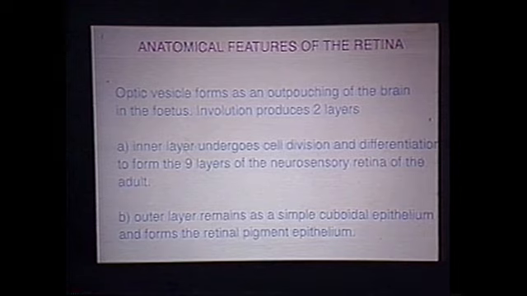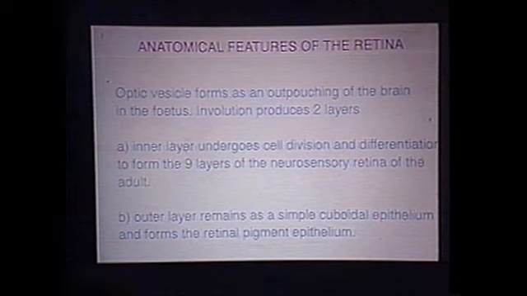Okay, we now move on to the third part of the eye, and this is of course the retina. And we'll start by mentioning some of the anatomical features of the retina, which are important in toxicology. The first one is that the eye is formed from the optic vesicle as an outpouching of the brain, and involution of this vesicle produces the two layers of the retina.